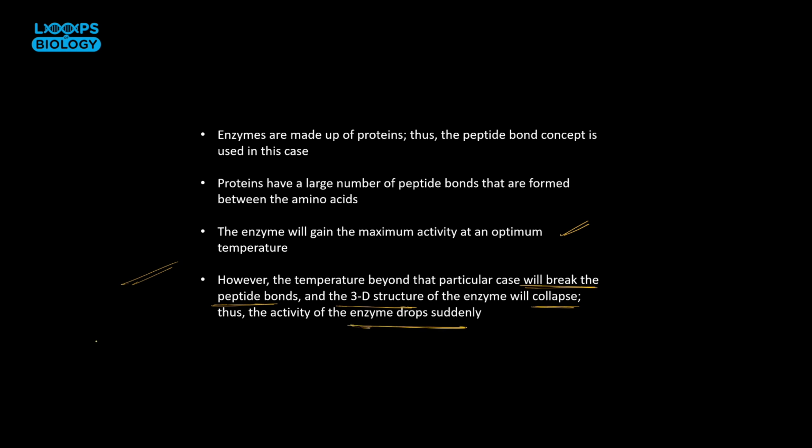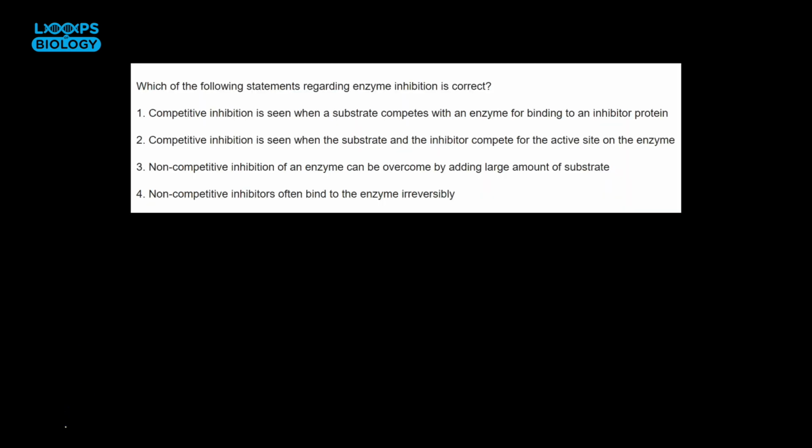All right, let's move on to your questions. Which of the following statements regarding enzyme inhibition is correct? They have given statements, so there can be two statements correct, or more than two, or there can be one, or all. The competitive inhibition is seen when the substrate competes with enzyme for binding to an inhibitor.